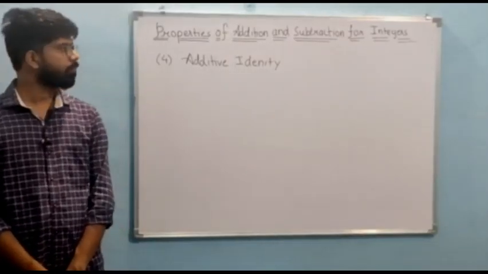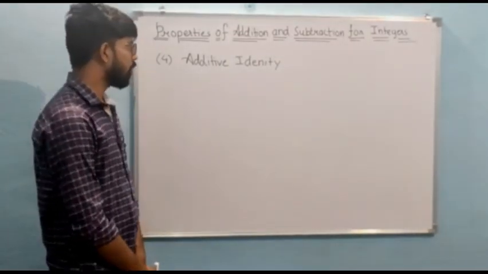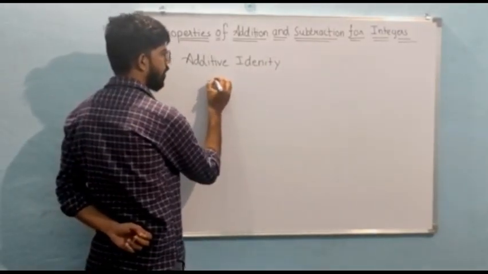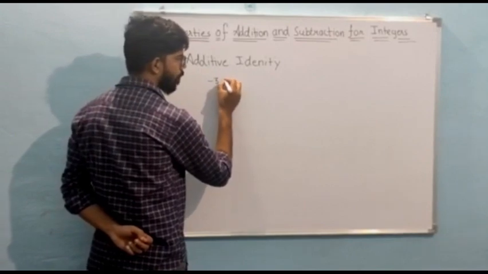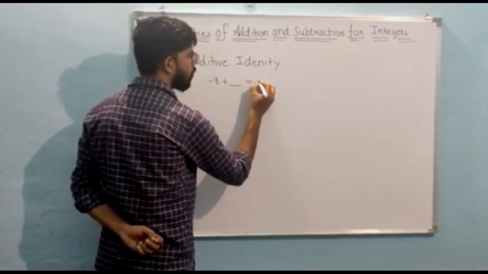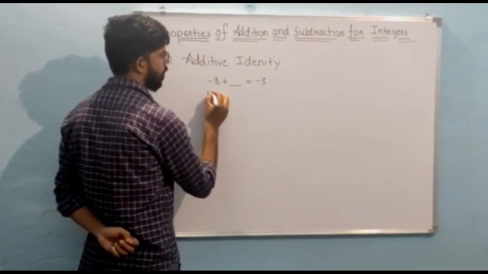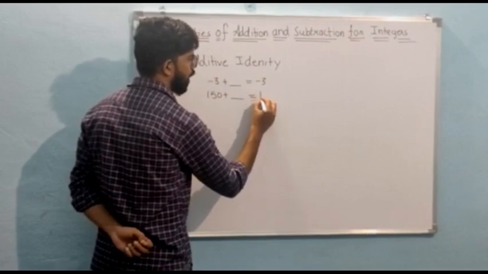Now, the fourth property, additive identity. When a number is added to minus 3, we get minus 3, or when 150 is added with a number, we get 150.